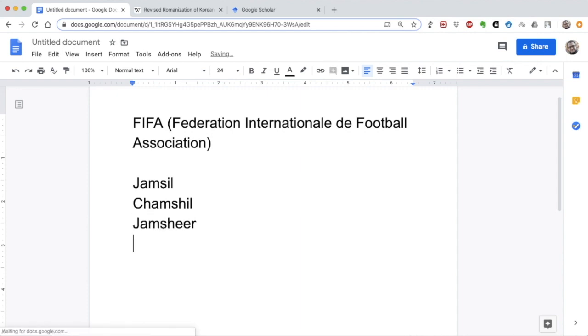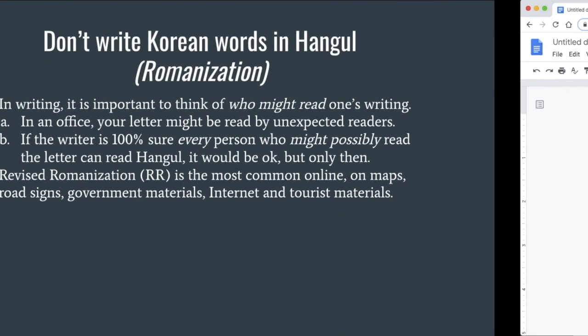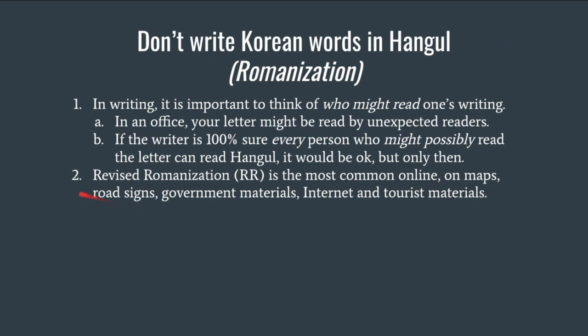And there were about 6 or 7 different ways of spelling Jamsil. One was on the map and one was on the address card and one was on the subway sign. So it was really confusing. And if everybody's following one system, it's a lot simpler.